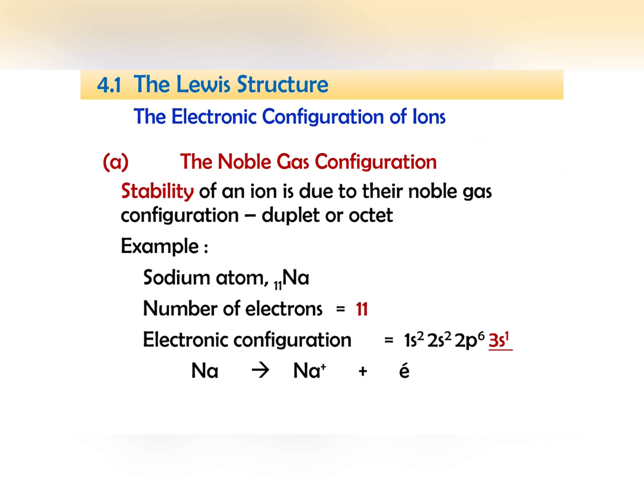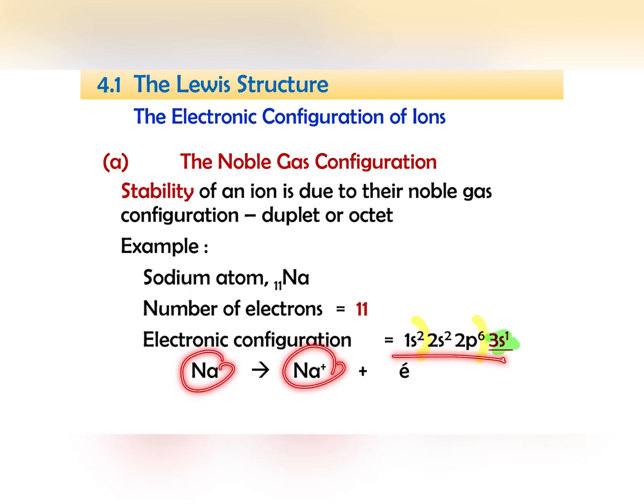Alright, so let's have a look at this example. You have sodium atom with 11 electron. So the electronic configuration here will be 1s2, 2s2, 2p6, and this is dia punya valence electron. Okay, so you have 1 valence electron here. So bila kita donate 1 electron, okay, so asalnya sodium, this is the electronic configuration.